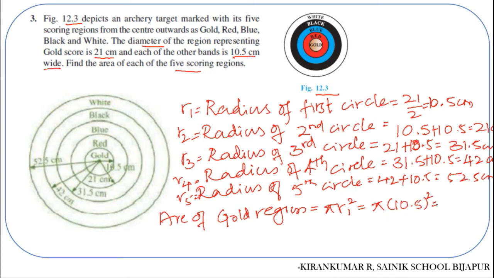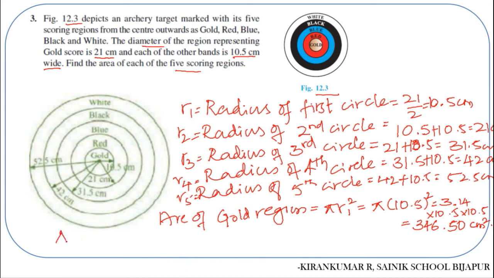We need to simplify this further. 10.5 into 10.5 we need to do with the value of pi. The value of pi, they have not mentioned that use 22/7, so let me consider 3.14 multiplied to 10.5 into 10.5. Simplify that. Approximately we get 346.50 centimeter square. This is for the gold region.